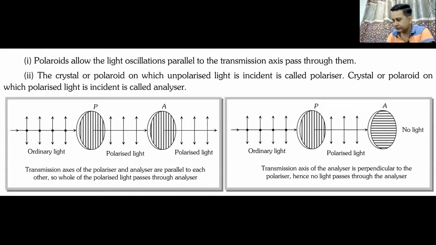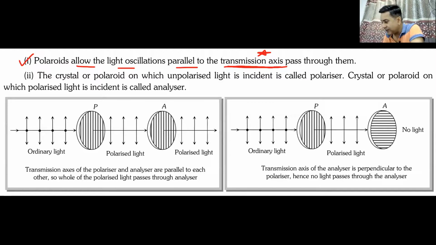Now, just don't get confused with the terms. Both are the same actually. First of all, we need to understand that polaroids allow the light oscillation parallel to the transmission axis. All these terms you must remember. Transmission axis. Now look with your eyes wide open.